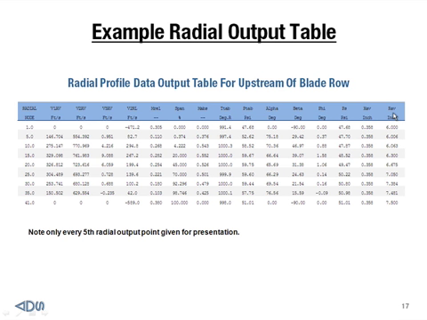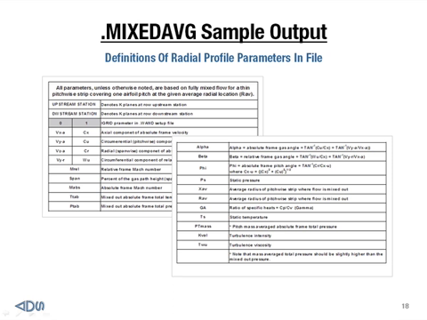Now, I've gone through this very quickly, but the user can go to the user manual. It gives a detailed explanation for each of the parameters. And again, if there is any kind of question, please feel free to contact ADS, and we'd be very glad to answer your questions.